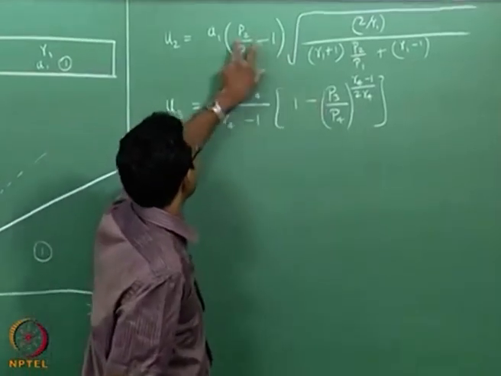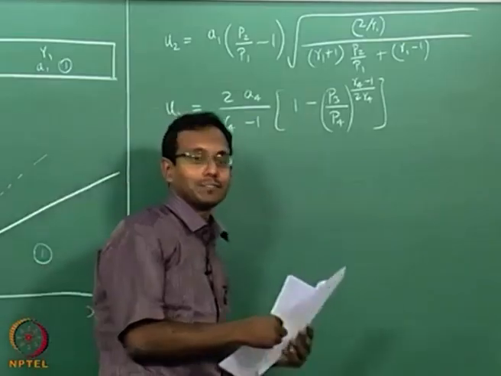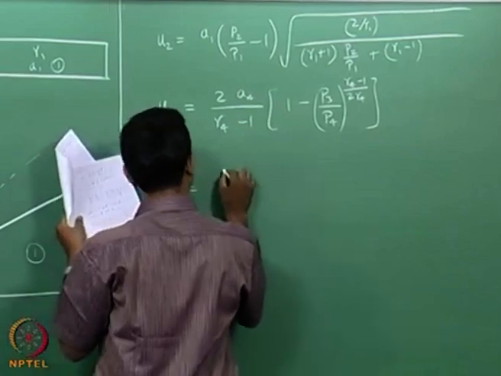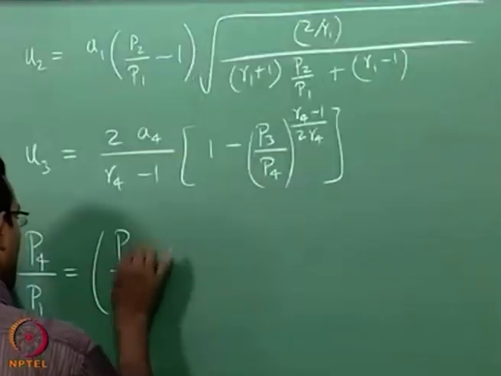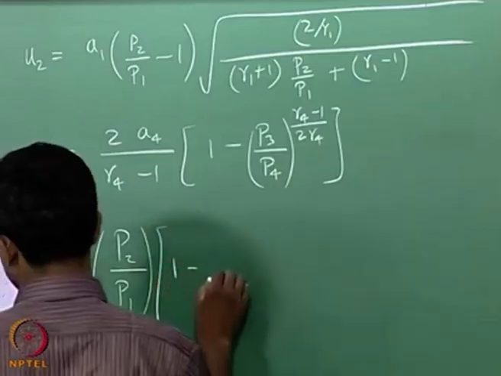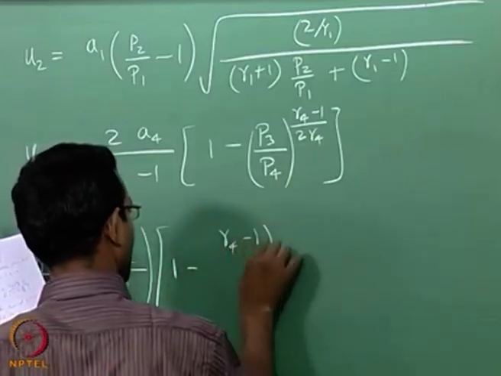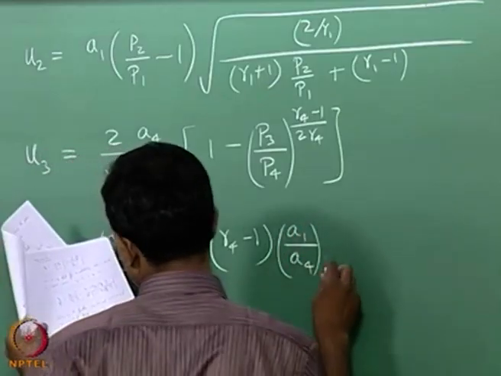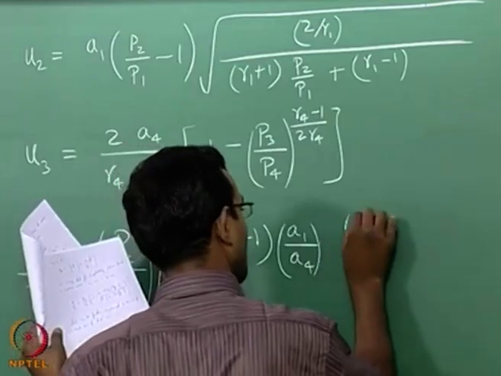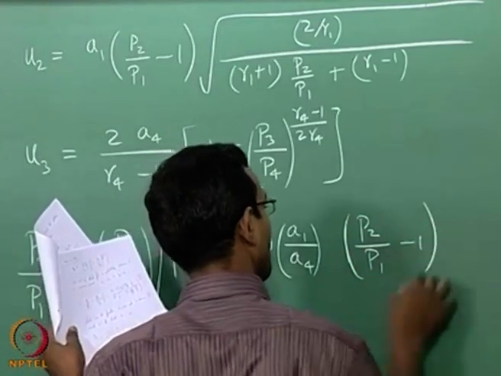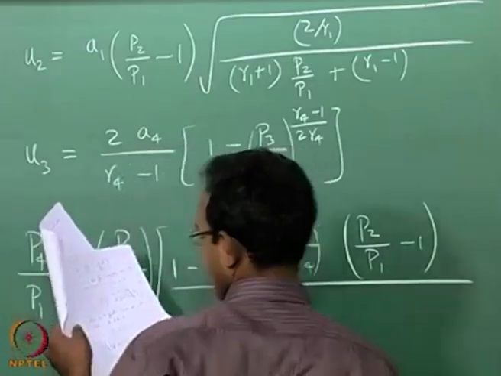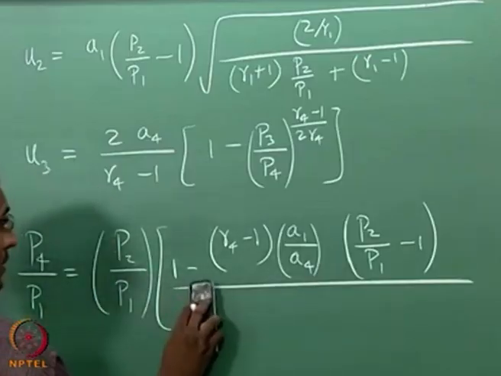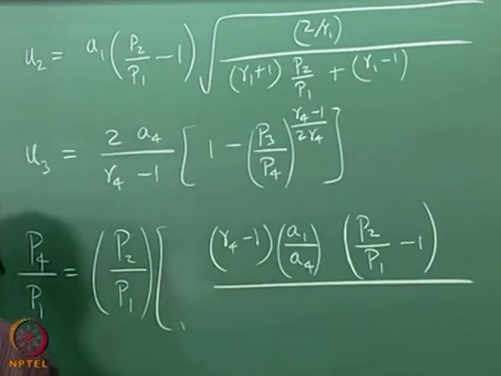So I will replace this p3 with p2, then I will see what I end up with. Okay. It is 1 minus a fraction.